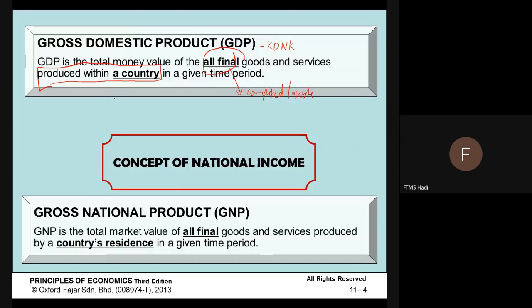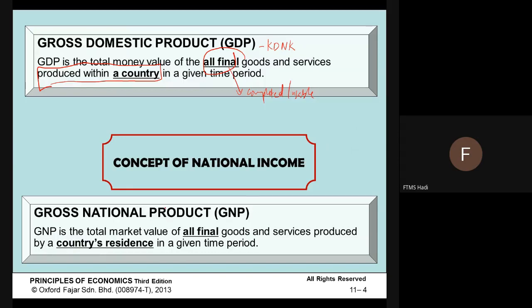The second one is GNP, gross national product. This one is productivity of the nation in gross terms.